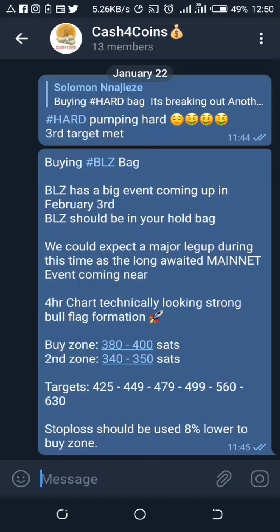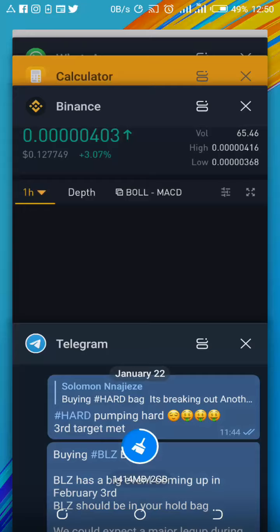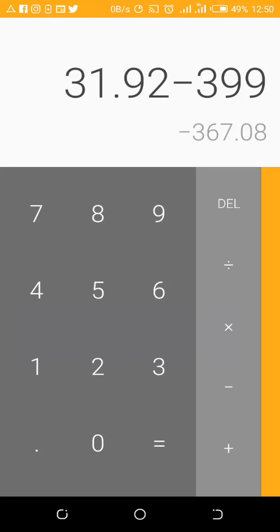So if we come back and the first target has been made, we can also decide to use our first target as a stop loss instead of what we have on our calculated value. I don't know whether you understand this. Now let me explain again. Our calculated value as a stop loss is what?